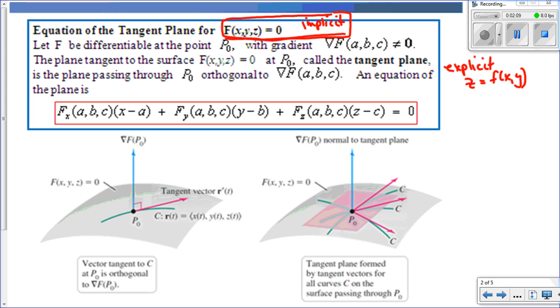Okay, so now every point on the surface must satisfy this definition. So what we'll do is take a curve that's located in the surface. This curve C has every point on that surface, so that means every point on that curve satisfies this equation.